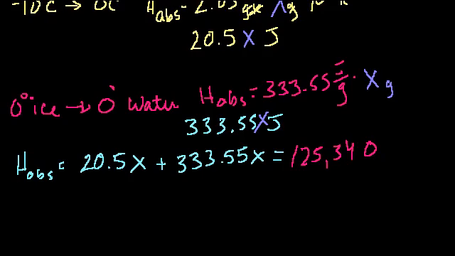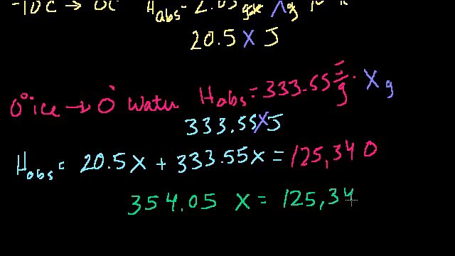We can do a little bit of algebra here. Add these two things: 20.5x plus 333.55x is what? 354.05x. Is that right? Yeah, 330 plus 20 is 350. Then you have a 3, but then you have a 0.5 there. Yeah, 354.05x. That is equal to the amount of energy we take out of the water.